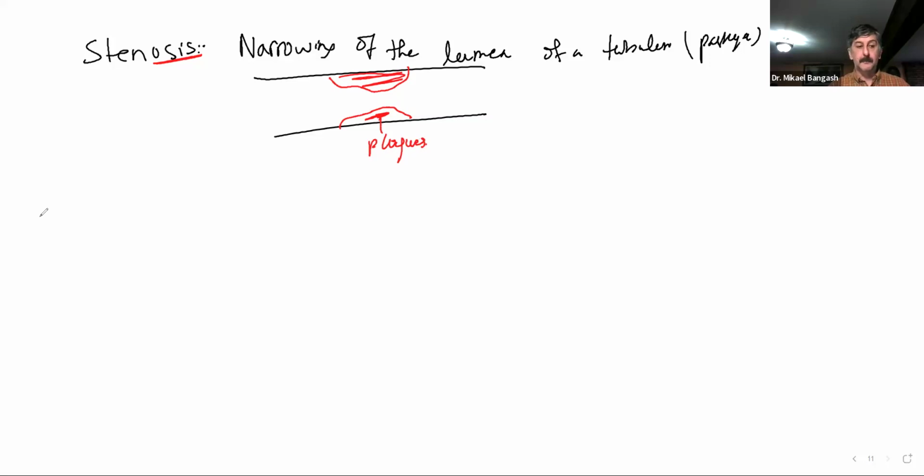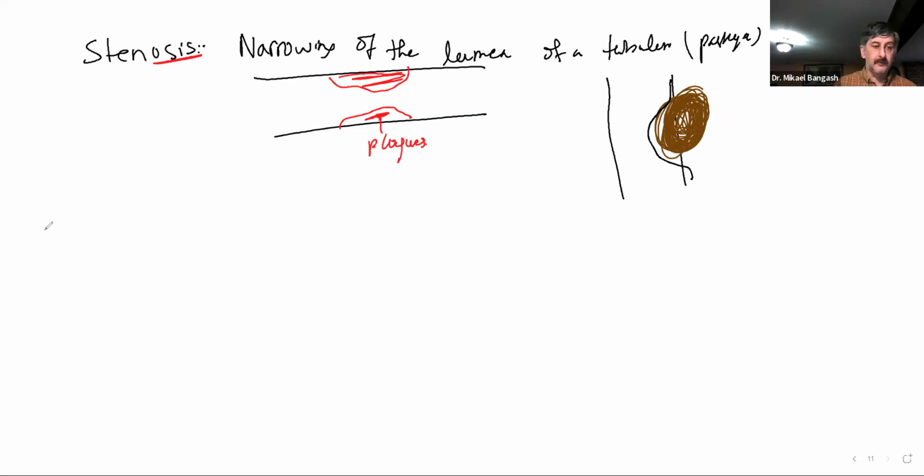But it may also be that, in some instances, the blood vessel can also be narrowed down or stenosed, if that's what you want to call it, due to a structure right next to it that may grow to an extent that it pushes up against the blood vessel and causes it to narrow down.